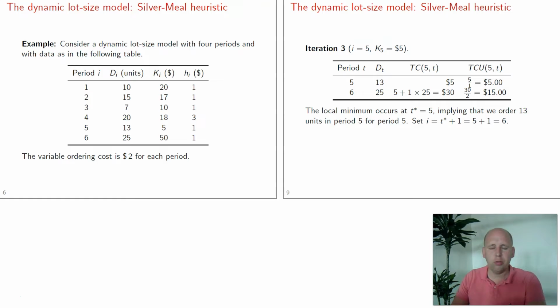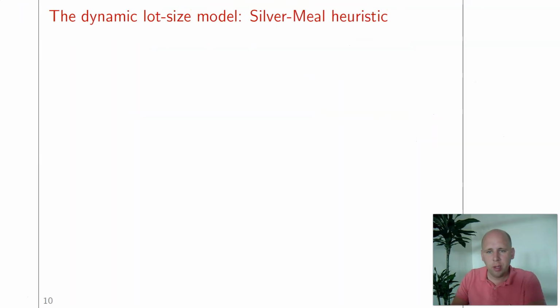And now you see also that this is a heuristic, that the performance is sometimes maybe not that good, because now we also need to order in period 6 for itself. And in period 6 we have quite a high setup cost, so that now also needs to be paid. So this is definitely not the optimal solution, but that's what you have if you use a heuristic. So in period 6 we order 25 units.